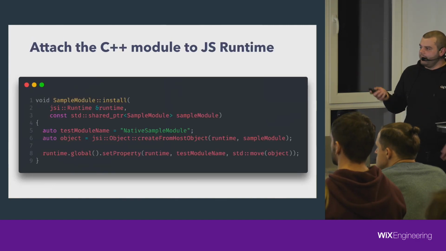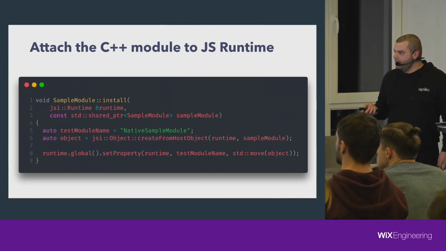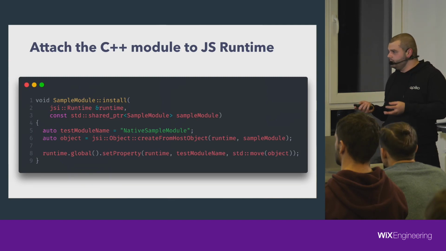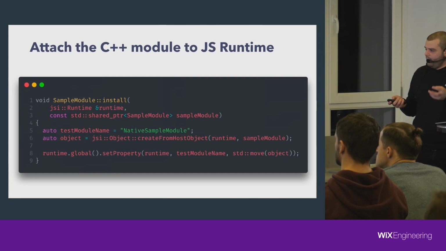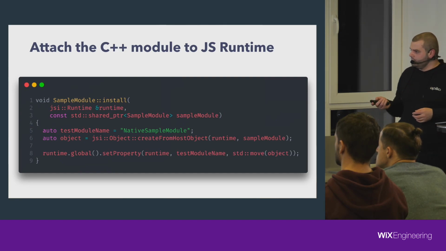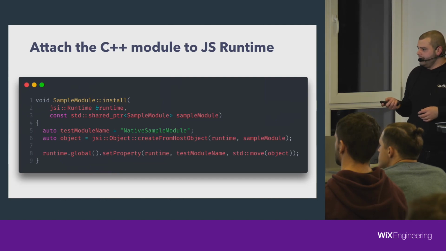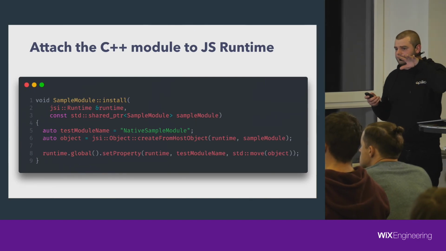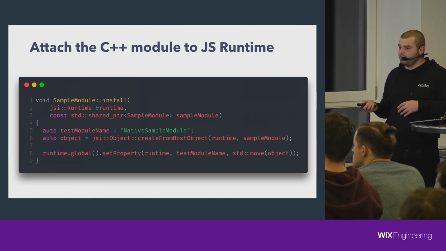Next, the implementation of the install method. It accepts the JavaScript runtime. JSI runtime is basically the type of the JavaScript runtime, and it also takes the pointer or just an object of our sample module. Then we create a name for our module, and as you saw several slides ago, on the JavaScript side we have global dot and some name, and that's that name.